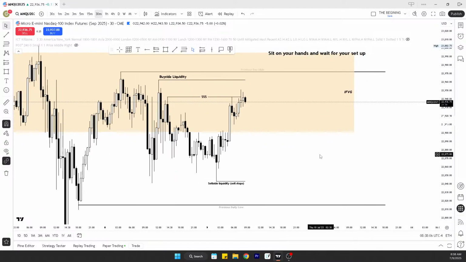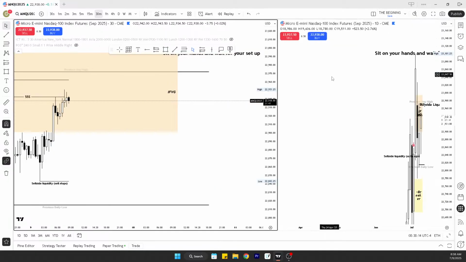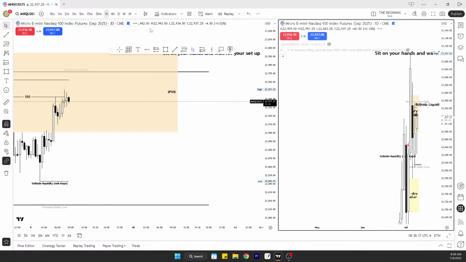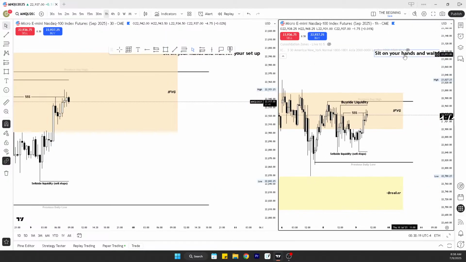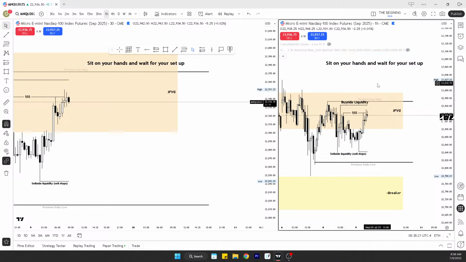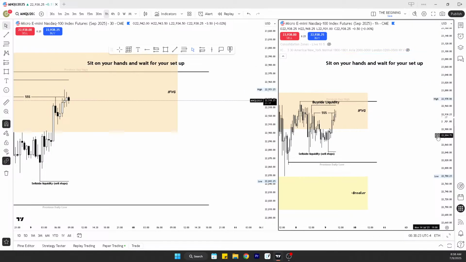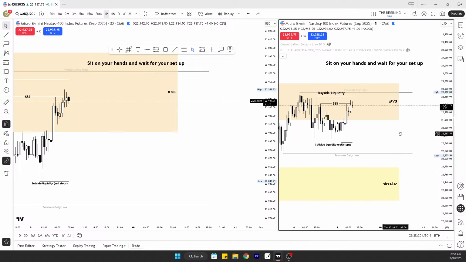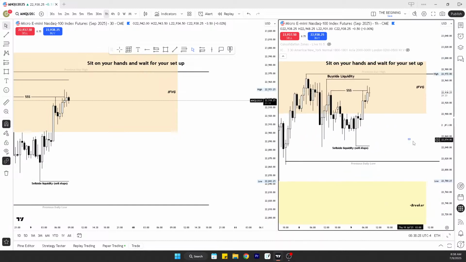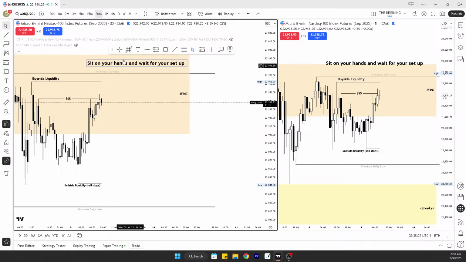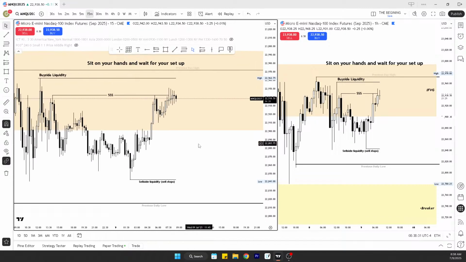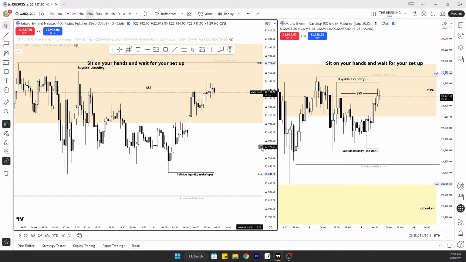Alright. So then we got this liquidity that just got taken out. So once I mark off all of these things, then I will add in more charts. So right here we will have the hourly time frame telling me sit on my hands and wait. Bang. And then on this side we're gonna have the 15 minute, just to get more understanding of what's going on.